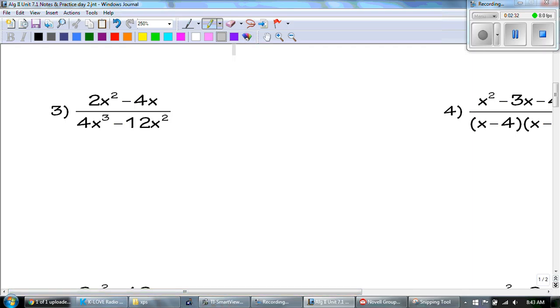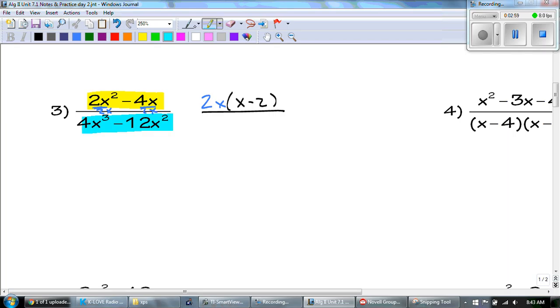Okay, so for 3, I'm going to have to factor both of these. I have to see, is there a GCF? Is there something that I can take out of the top? And I can take out a 2 and an x. So the 2x comes out front, and then I'm left with x minus 2.